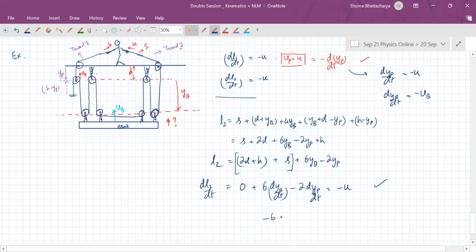So minus 6 vb, minus 2 times minus u should be equal to minus u. So minus 6 vb should be equal to minus 4u, sorry, minus 3u. So vb should be equal to u by 2.